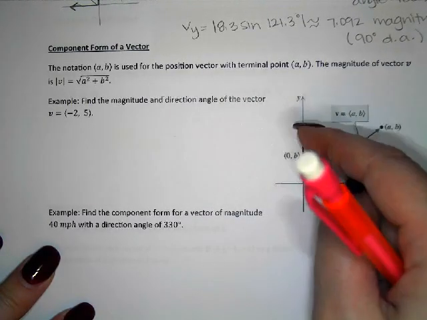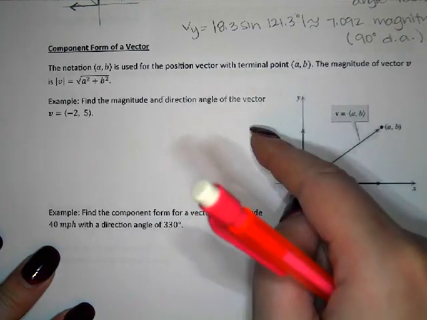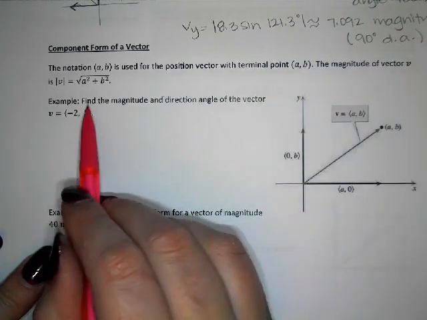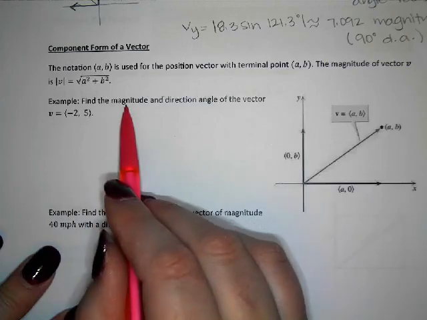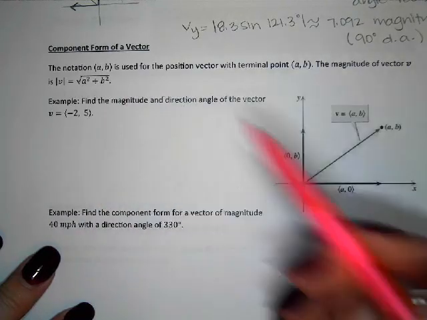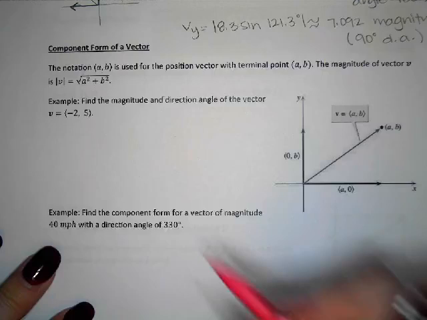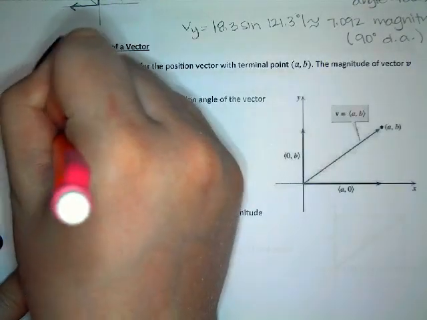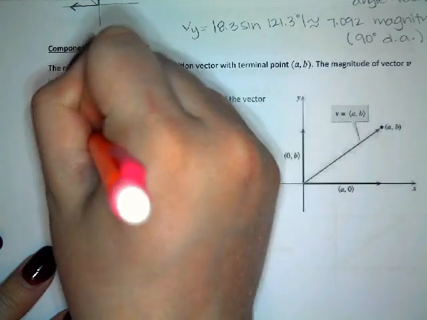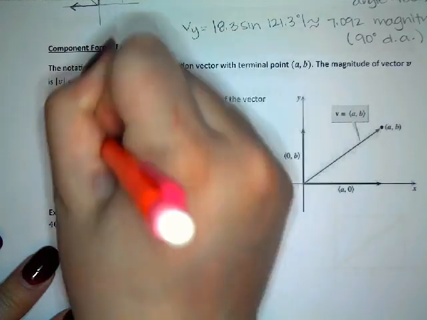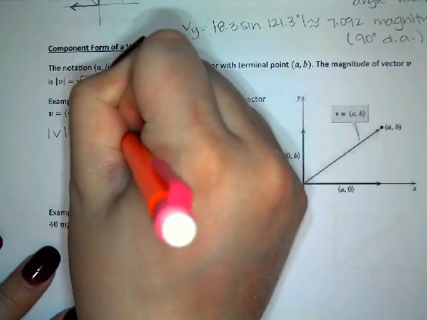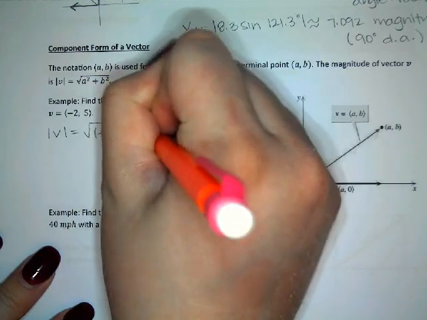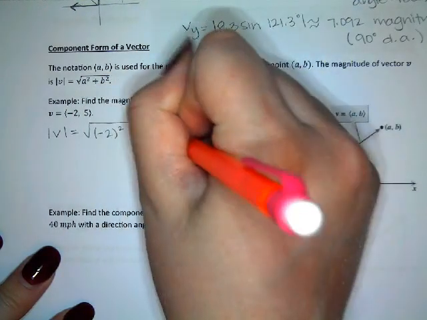So it says find the magnitude, find the length of the vector, and then find the angle that would create that vector. Vector v has a magnitude of the square root of (-2) squared plus 5 squared, which is 4 plus 25.